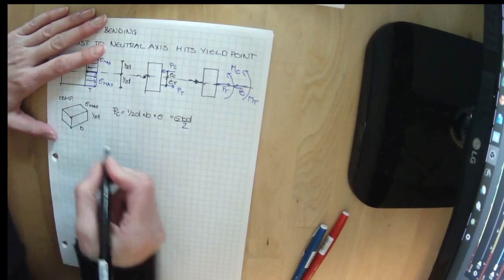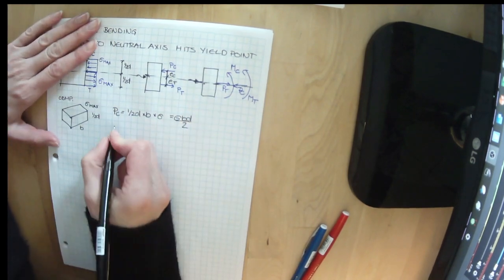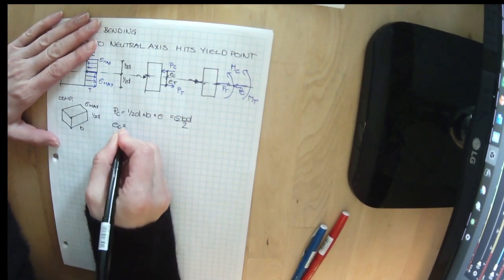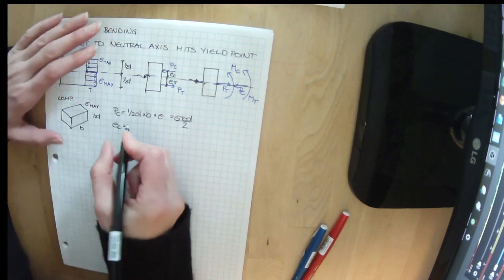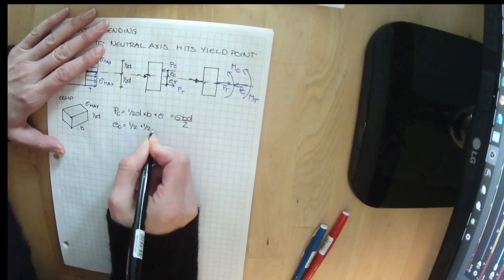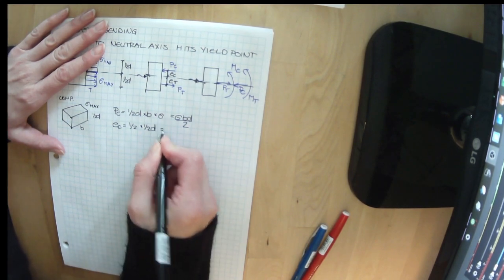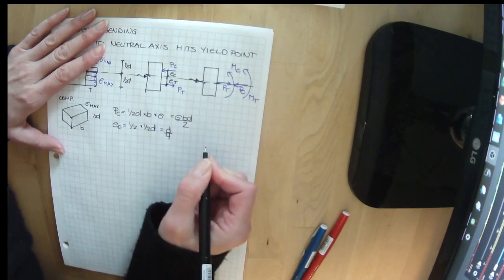Our eccentricity is halfway up it, or EC. This was half of D, and so this is 1/2 of half of D. So 1/2 of 1/2 D equals D divided by 4.